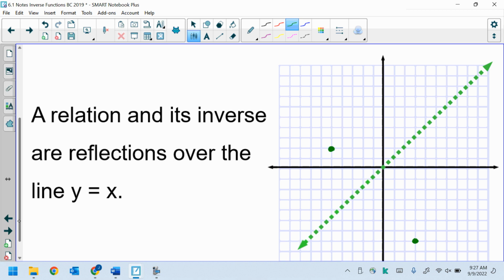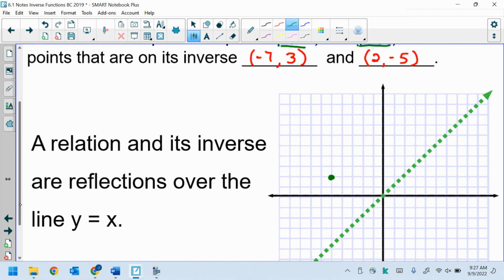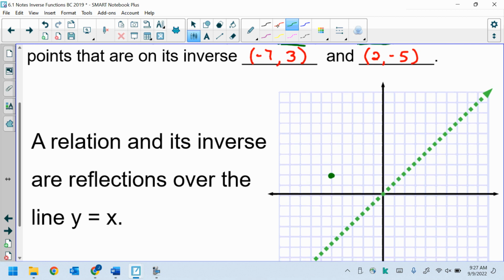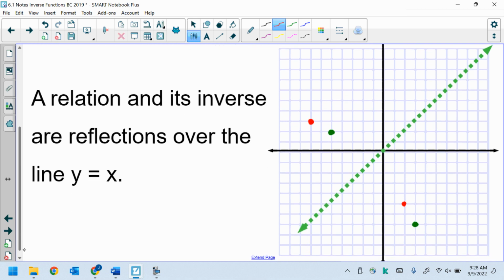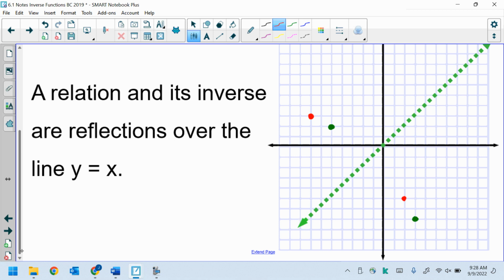Now I'm going to graph their inverses. I'm going to graph (-7, 3). I'm going to graph (2, -5). Now, are those reflections over the line y equals x?